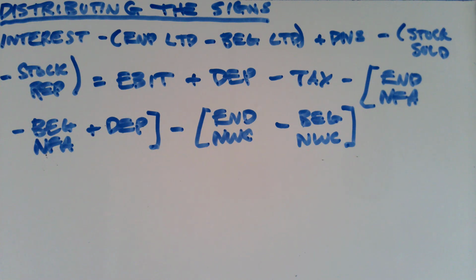So here we have the last equation from our previous slide. Let's take a look at what we can do about distributing the signs in order to get rid of all these parentheses.